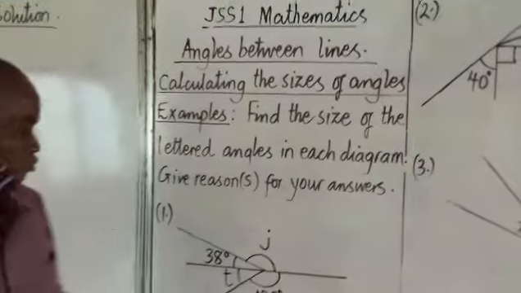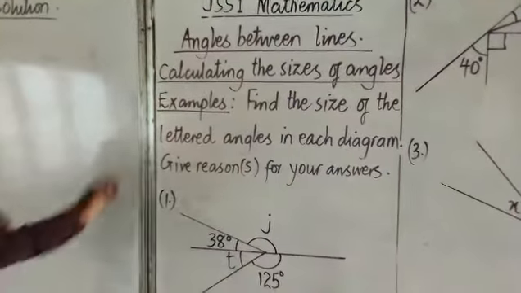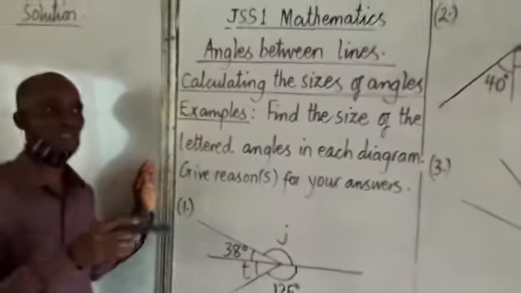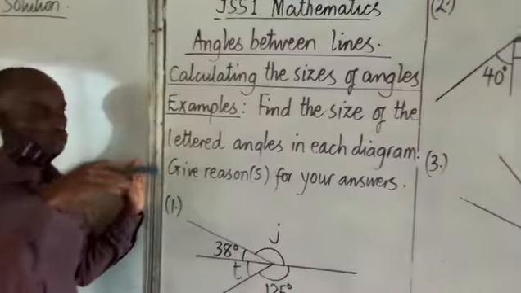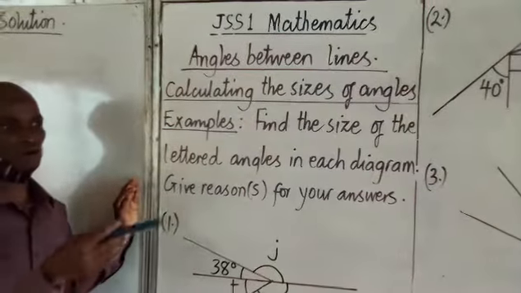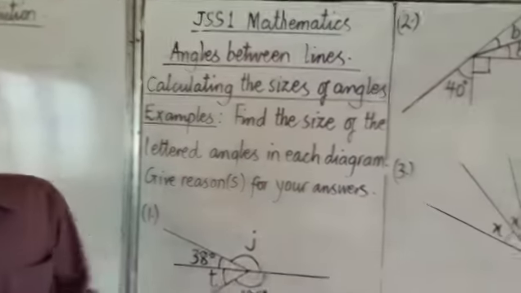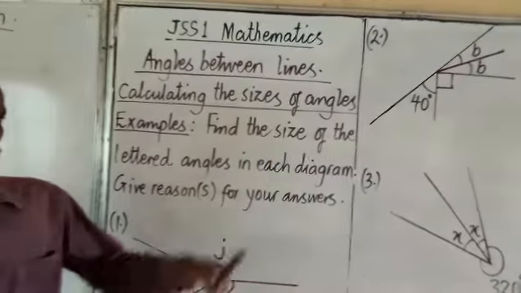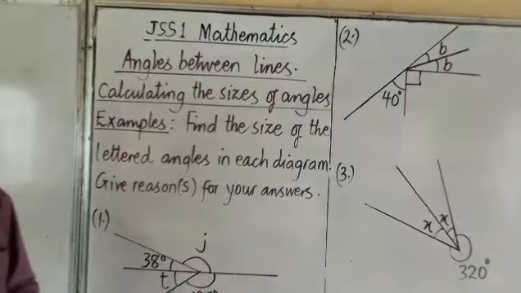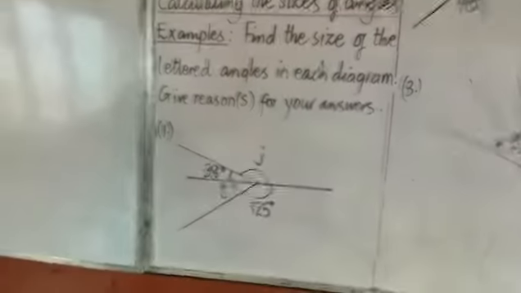So, let's solve the examples on the board. And bear in mind that you apply other aspects of the topics that you have been taught, like triangles, the types of triangles, isosceles triangles, and so on. So the first example is on the board.